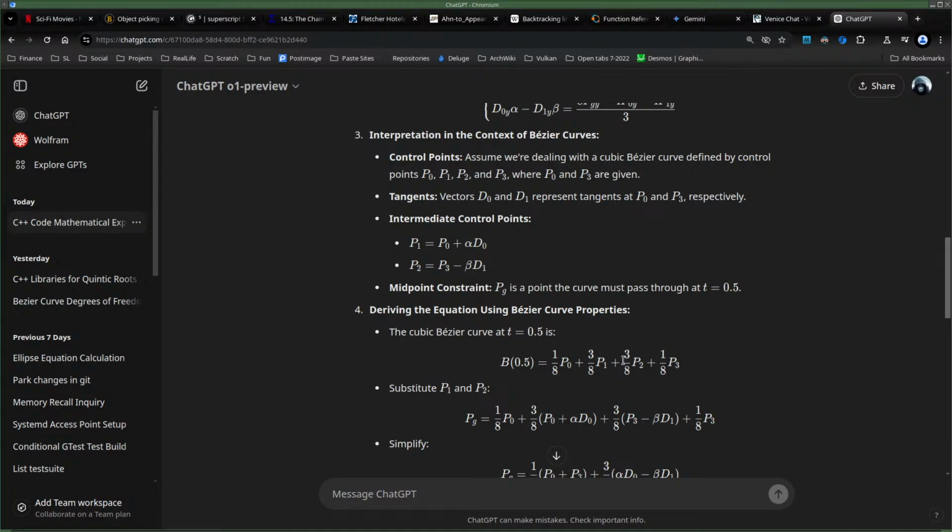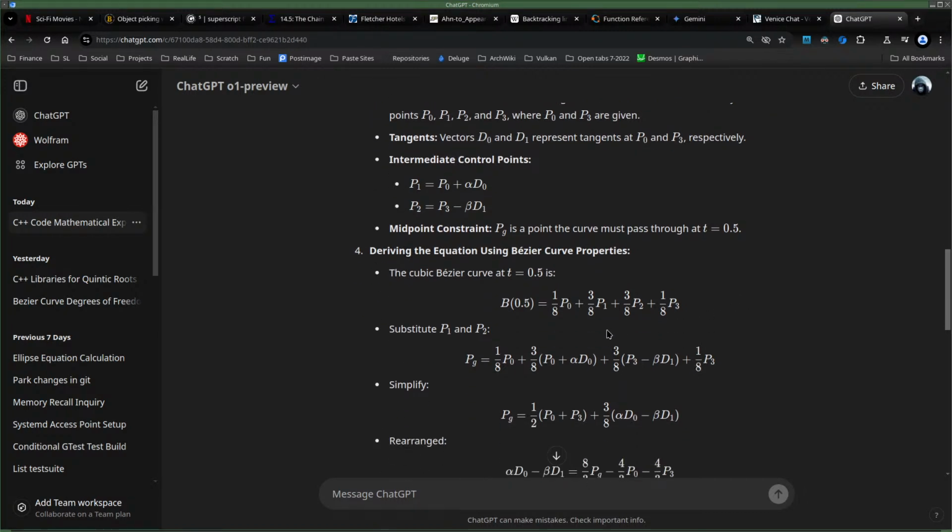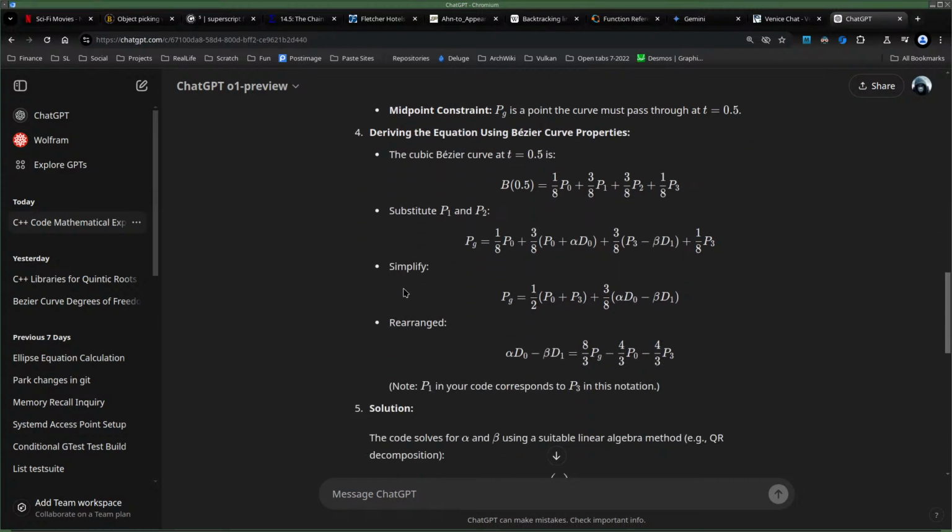And then yeah, this is just the formula for the Bezier curve. So you get 1, 3, 3, 1, and then I guess the half turns into 1/8 for each. And then we substitute the control points, work that out, and you rearrange it, then you get that, and that's what you're calculating.